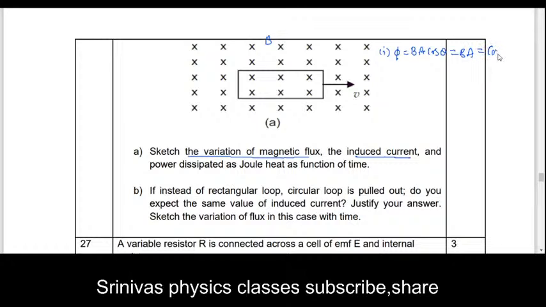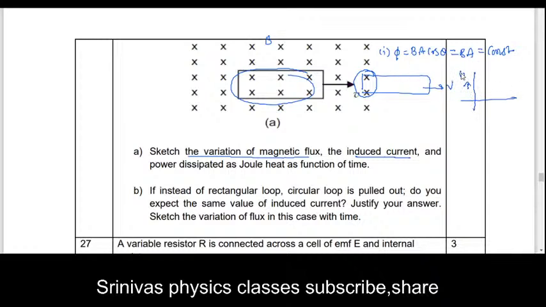Flux BA is constant when it is inside the field. When it comes outside, the field linked with the area decreases. Area decrease means flux decreases. That means first flux constant, then flux decreases.